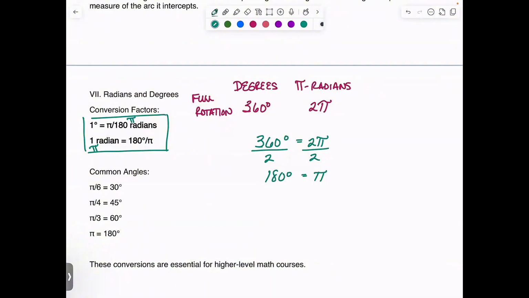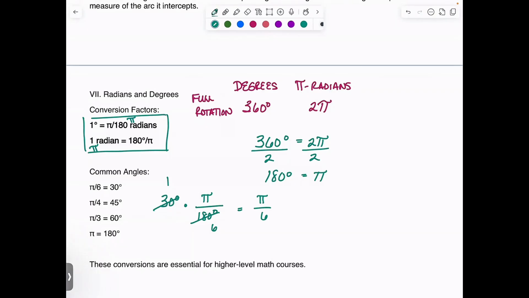If I have 30 degrees and I want to convert to pi radians, I would simply use the first ratio. 30 degrees times pi over 180. 30 goes into 180 how many times? 6. That's where we get pi over 6.